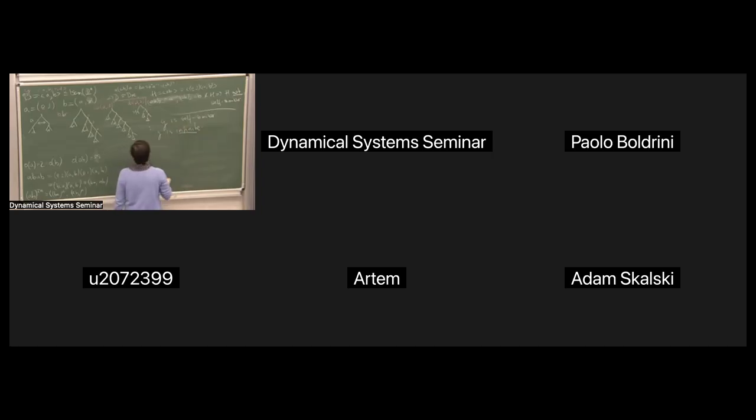Why is it infinite? Because if I look at the stabilizer in G of which letter have I chosen? 1. The stabilizer in G of the letter 1, well, A definitely doesn't stabilize it, but B, C, and D do, because they don't do anything to the first level. So B, C, and D, but also the conjugates of B, C, and D by A. And in fact, that's everything.